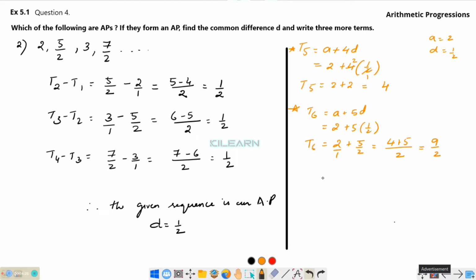T6 value is 9 by 2. Now if I take the 7th term, A plus 6D, 2 plus 6 into 1 by 2, cancel directly because of the multiplication sign. So 2 plus 3 is equal to 5. So T7 is equal to 5.